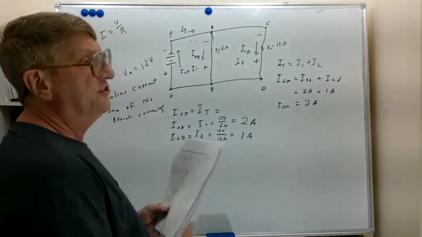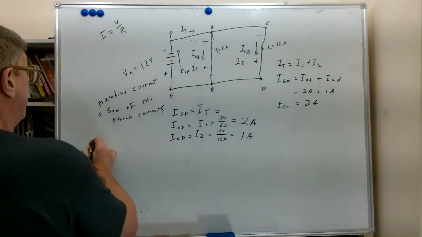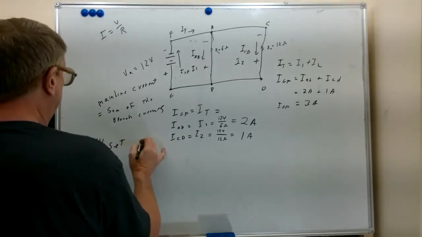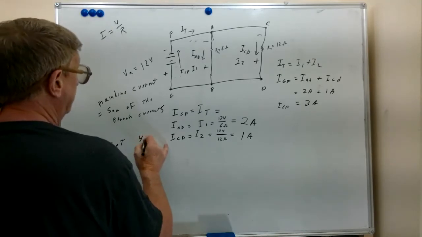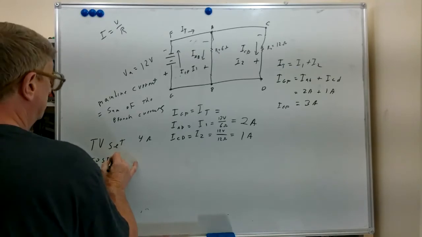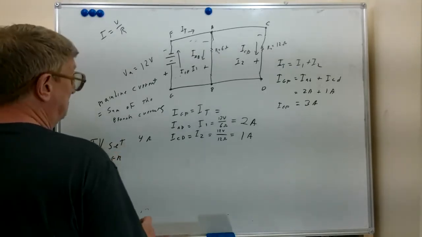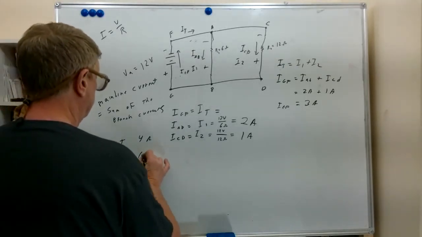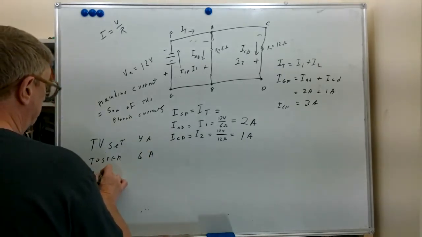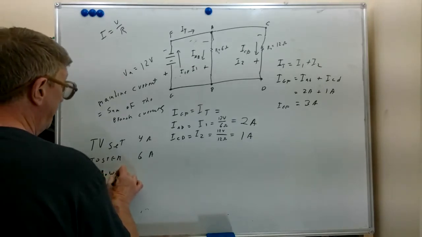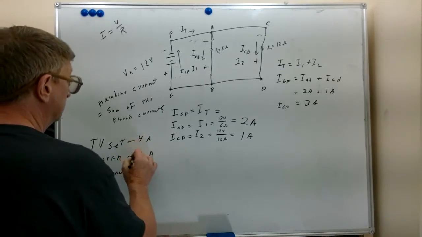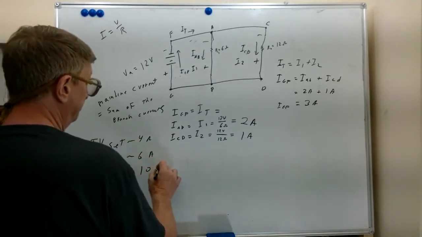Okay. And in your home, say you had a TV set that uses, we'll say, 4 amps. Maybe you have a toaster that uses, we'll say, 6 amps, and maybe a microwave oven that uses, let's say, 10 amps.